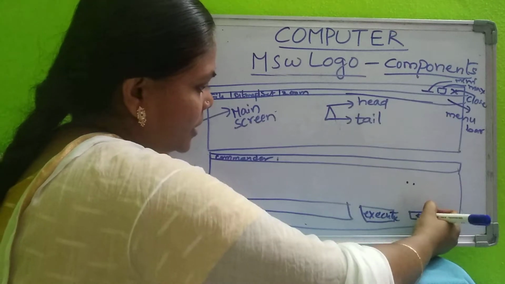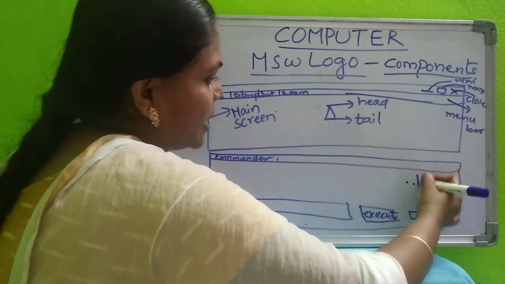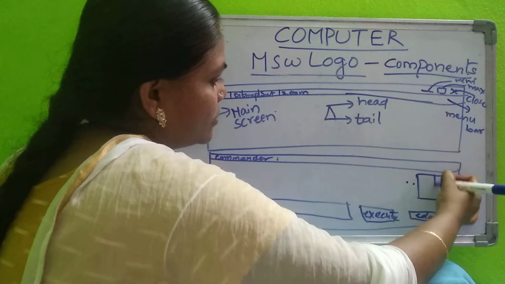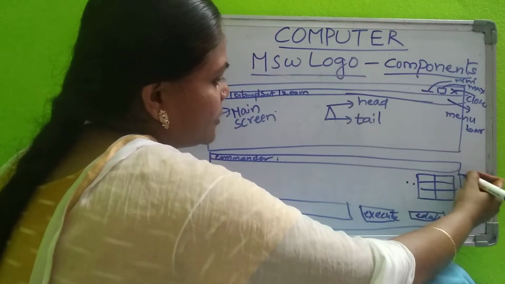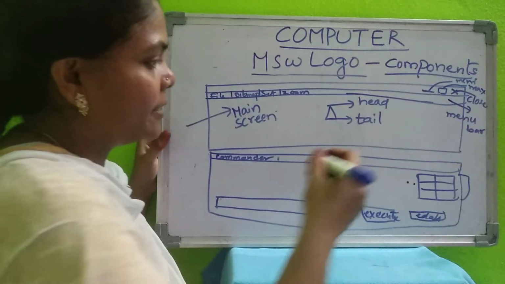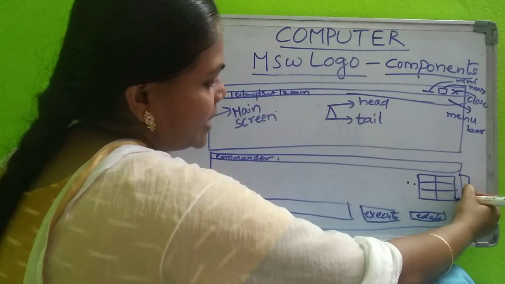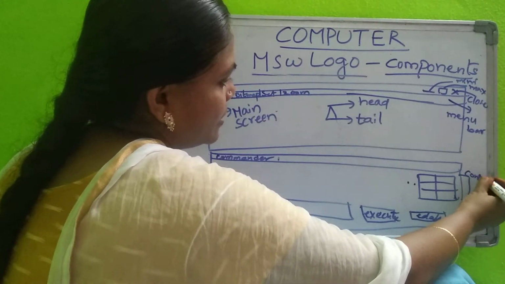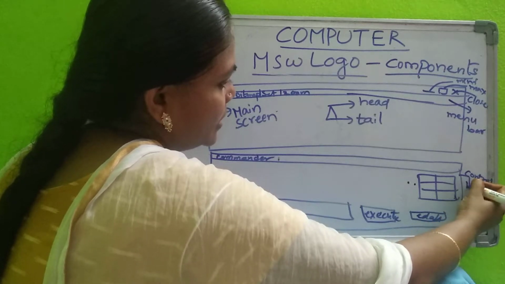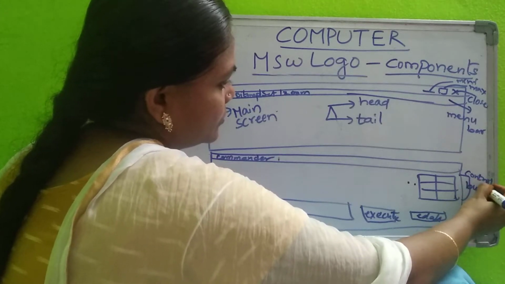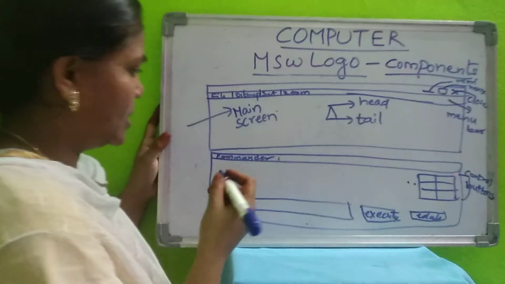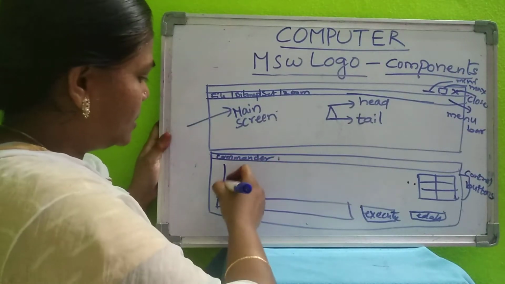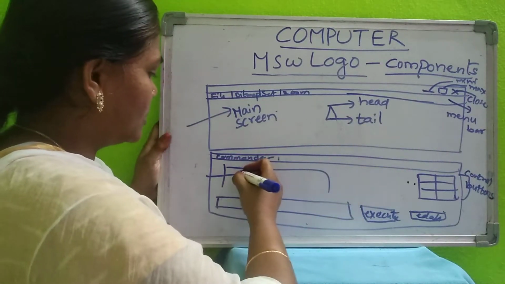And we have control buttons also. 6 control buttons are there: reset, trace, step, status, and others. Okay. And this is the recall list box here.